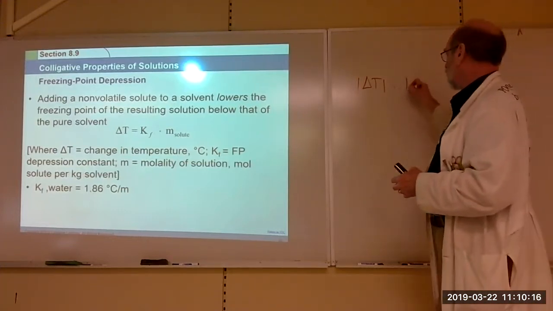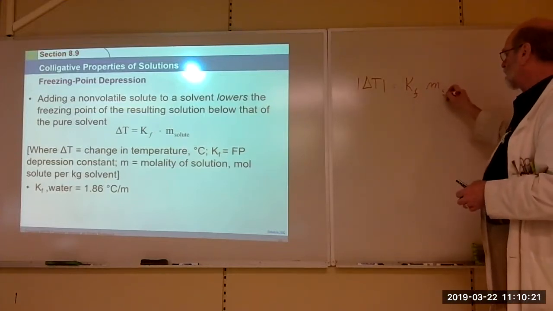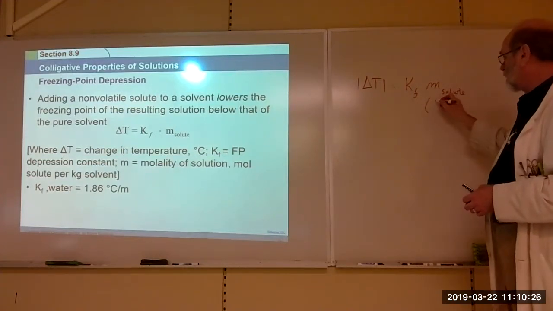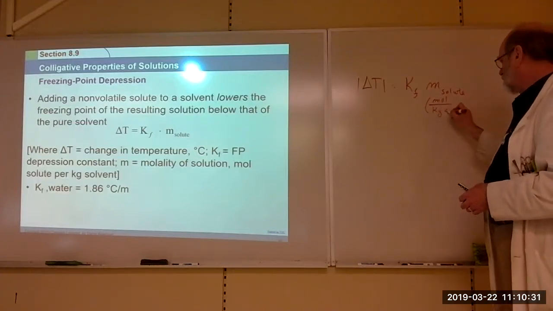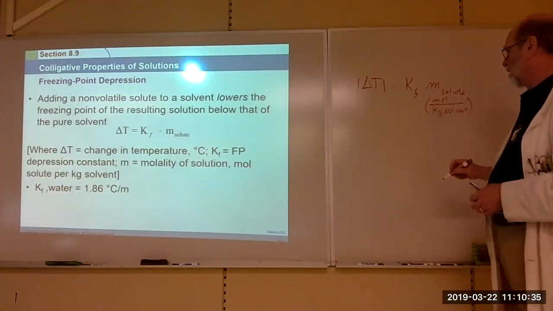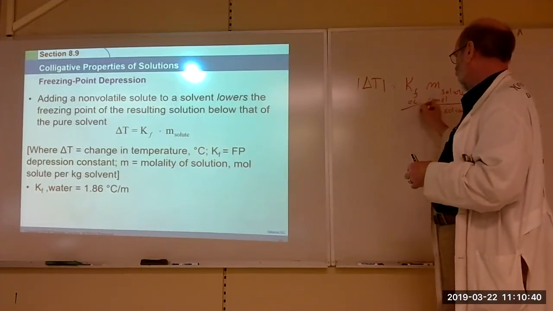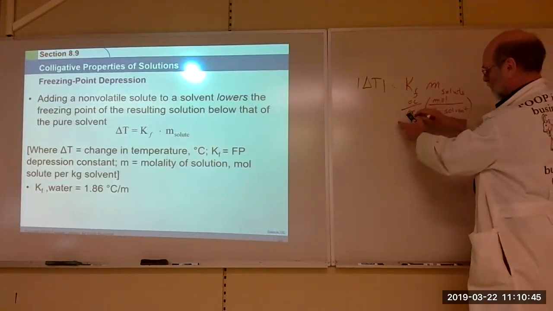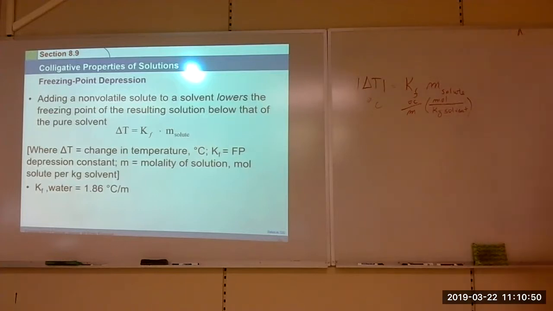And that's equal to this K value, for freezing point depression, times the molality of your solute. Right? So this is going to be in units of mole per kilogram solvent. Okay? And this is going to be in units of degrees C per molal. So if this is molal, it cancels this one and leaves you with degrees C. Okay. So it's real simple.